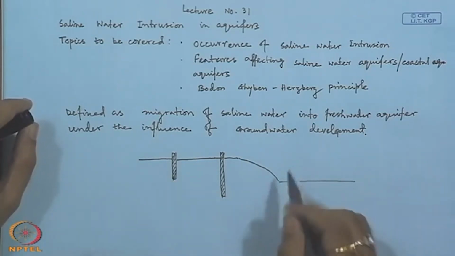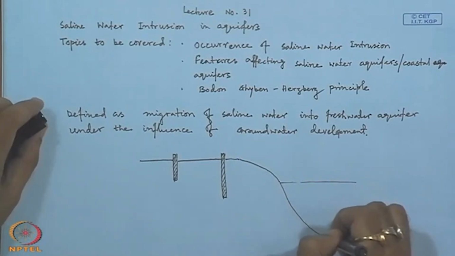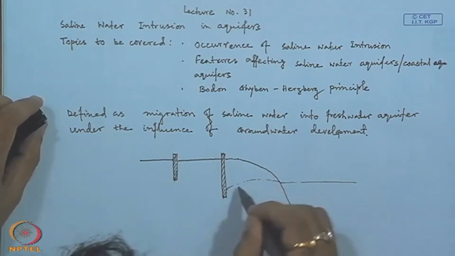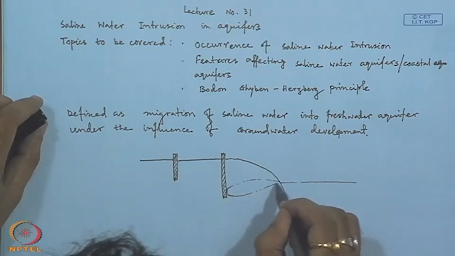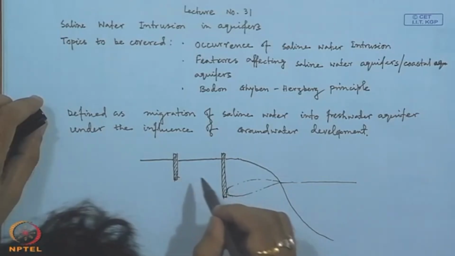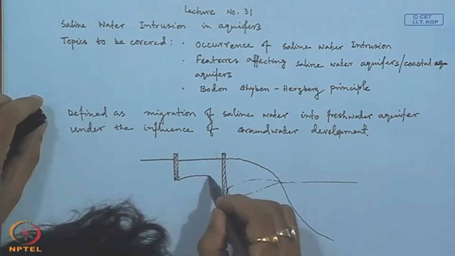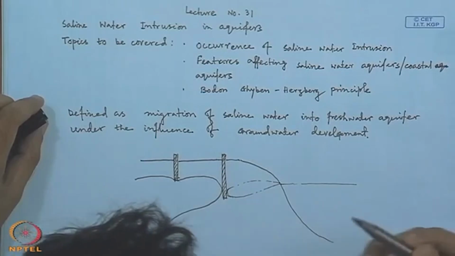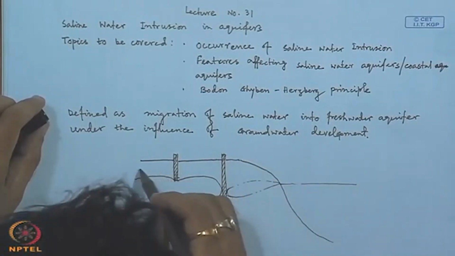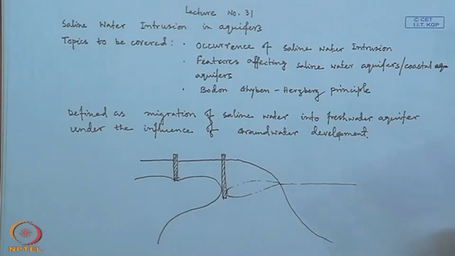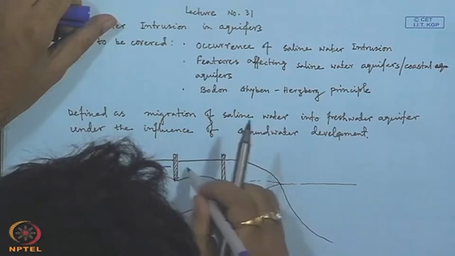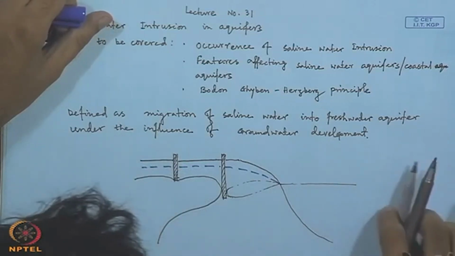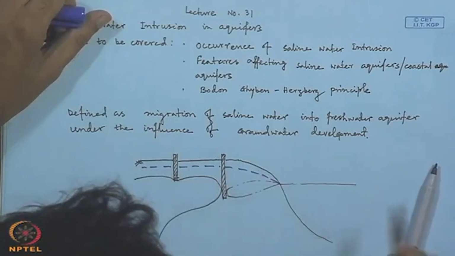So, we have groundwater table located here, and this is our ground surface.